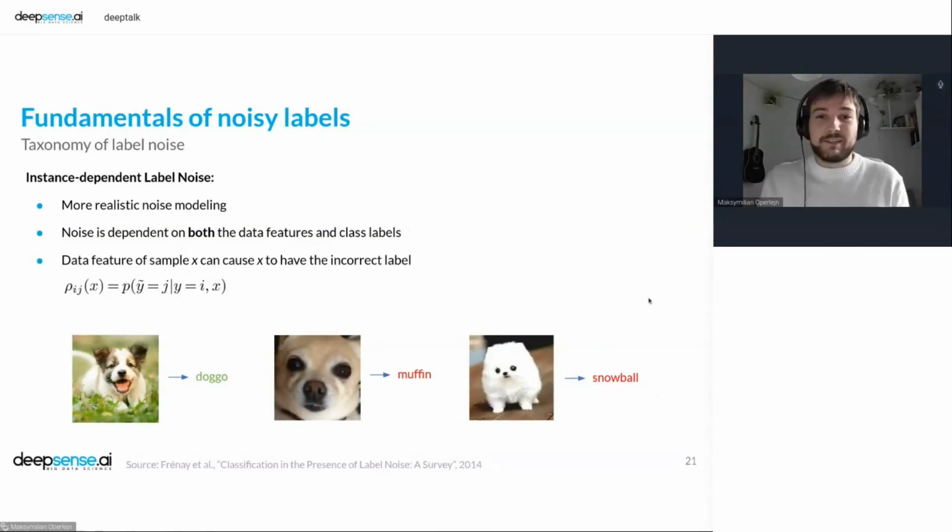Maybe somebody is a little bit blind. So as you can see, it is not like all dogs have equal probability of being mislabeled as muffin. It's like this particular breed of dog has it. So that's why it is dependent on the data features. All right, so these are the types of noise we are dealing with. This one is much more realistic.